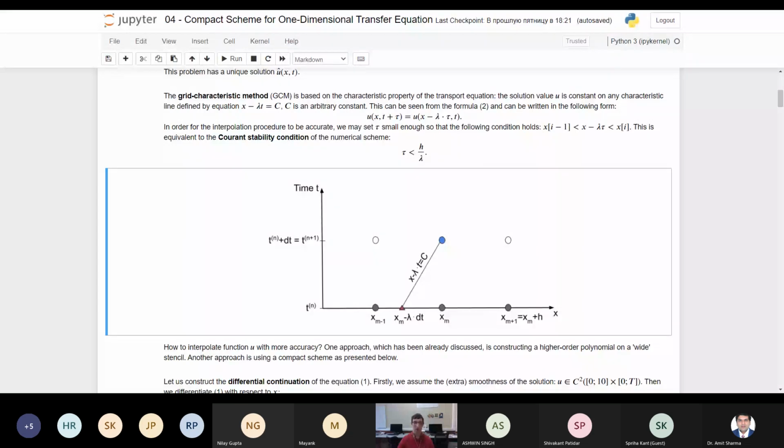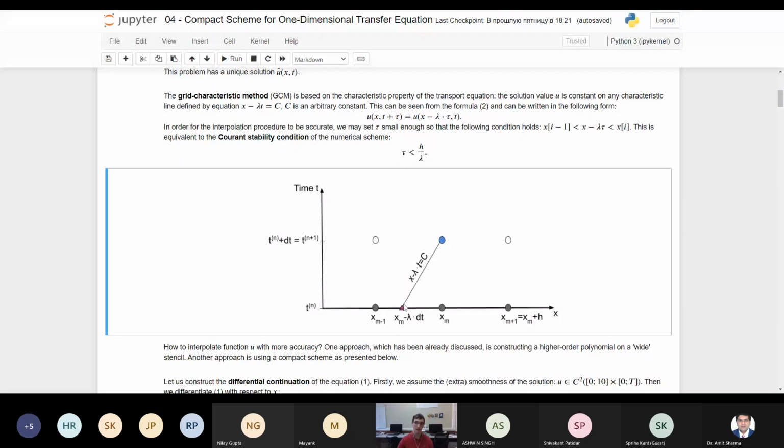And our goal is to find the values at the next time step, the n plus first time step, which equals t plus dt. And we don't know these values, therefore they're depicted by empty circles, and the actual value in question on the next time step can be found using the characteristic property.